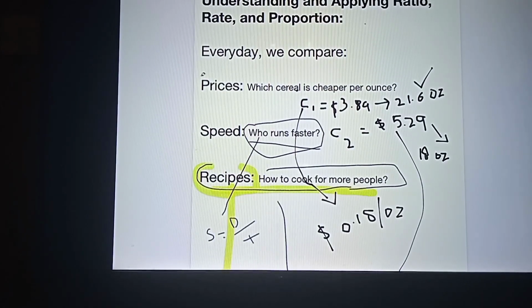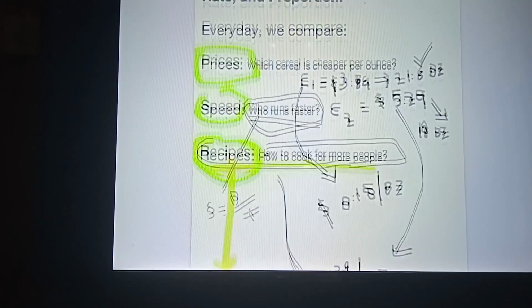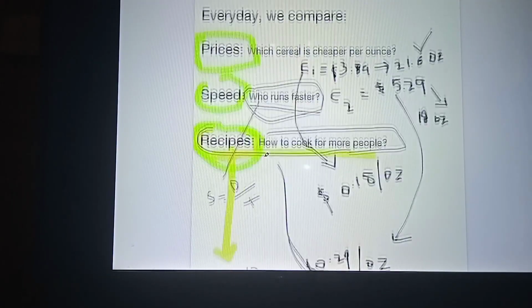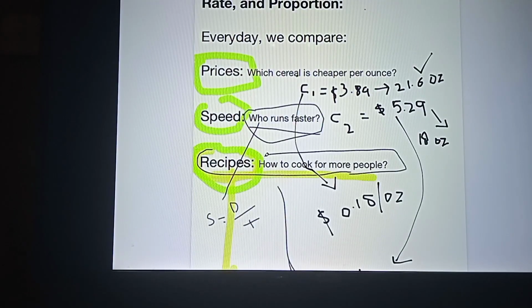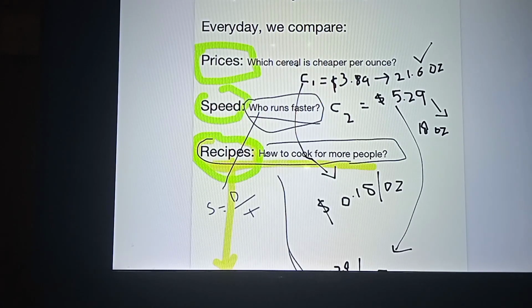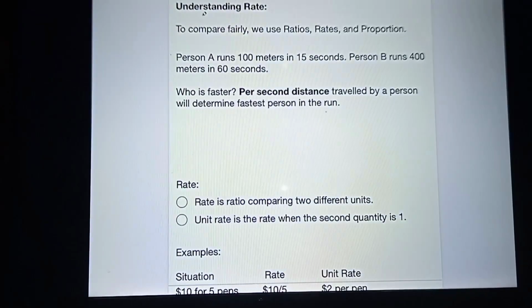Here in the first case we are using ratio. In the second case we are using rates, and in the third case we are using proportion. So let's learn ratio, rates and proportion separately in detail.